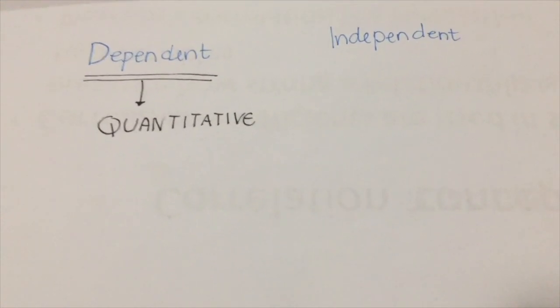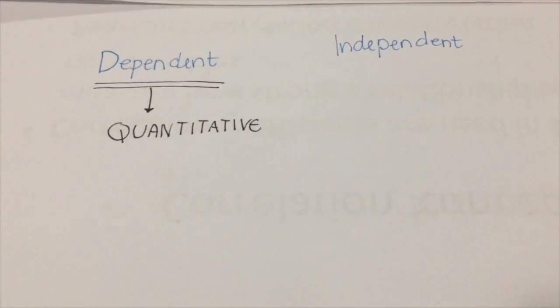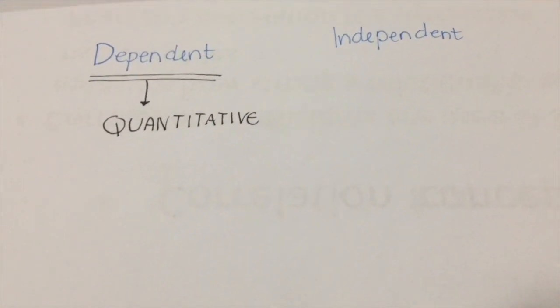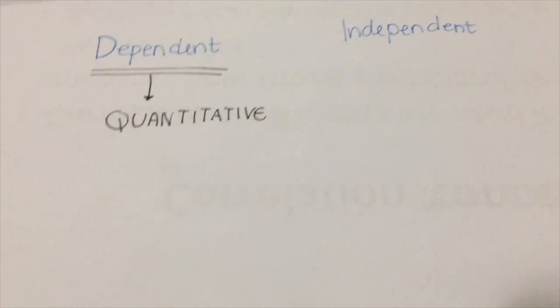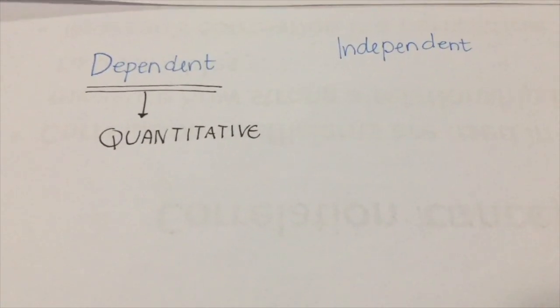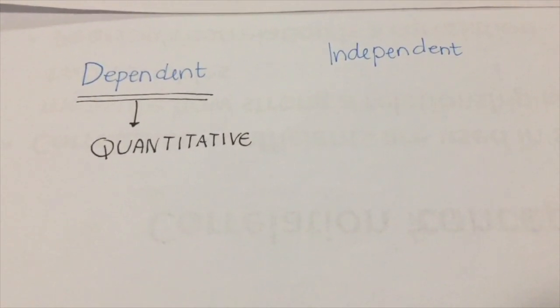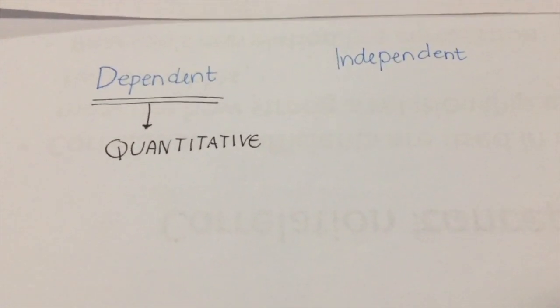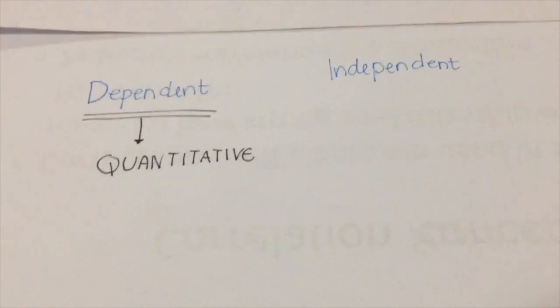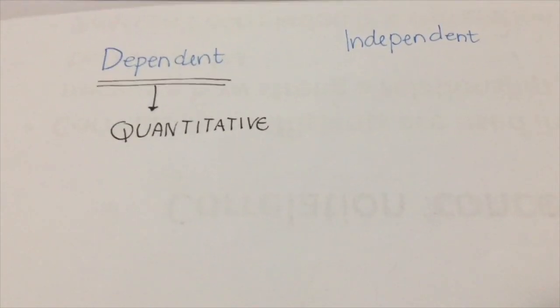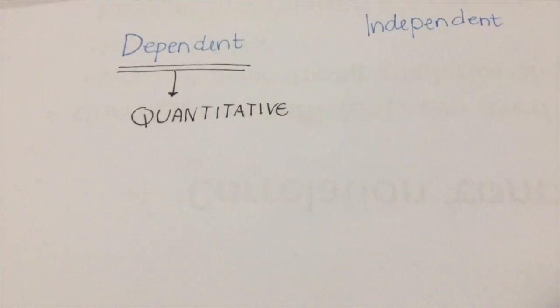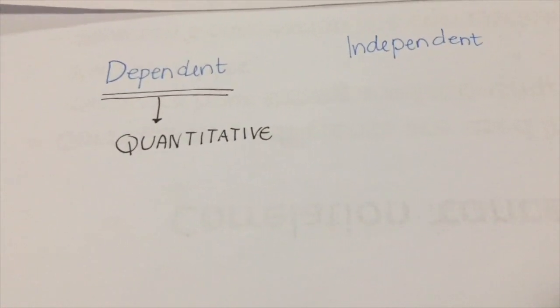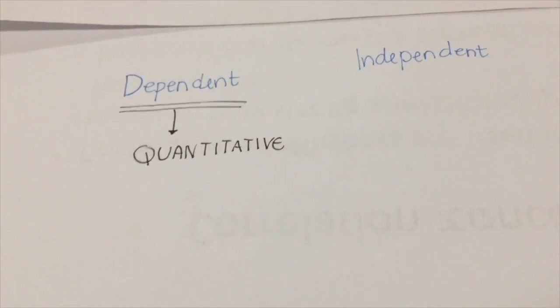Dependent variables are ones that depend on the other, so it changes depending on what the other one is. For example, if we say how the hours you study affect the grades you score, then the hours you study are the independent variable and how much you score is dependent.